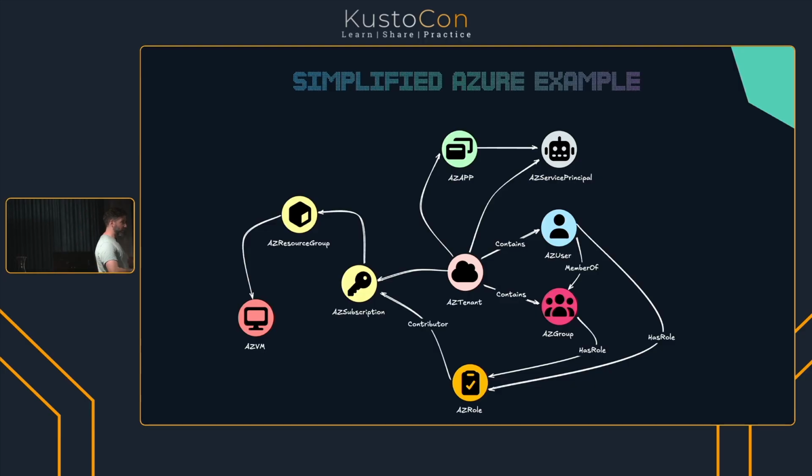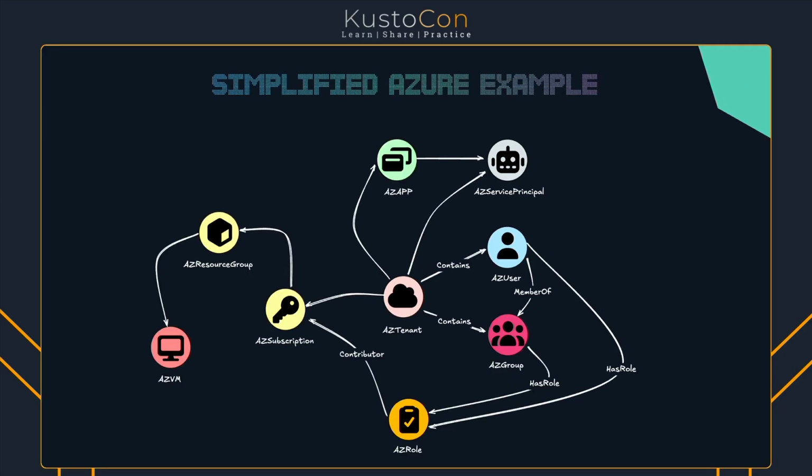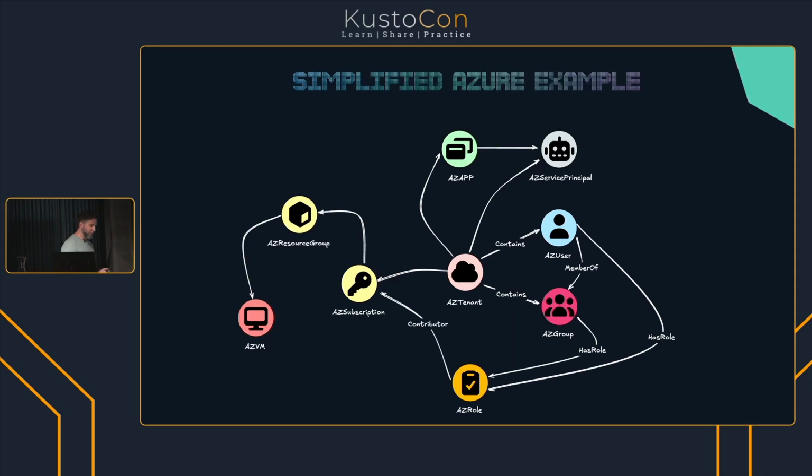It doesn't look like this because there's way more properties and edges and interconnections. But this is how fast it can spin out of control. That's why I created this smaller image. The tenant contains a group, but the group can also have a role assigned to it, and that role can be a contributor to a subscription, and so forth. Nobody can remember this stuff, so this is where graphs are extremely useful.